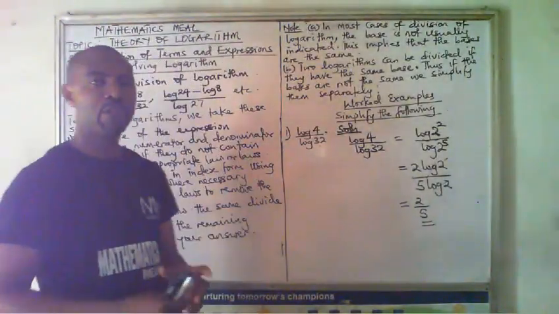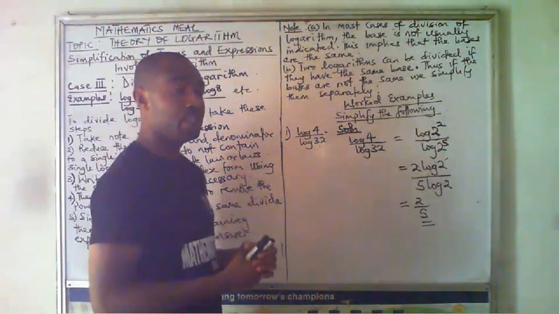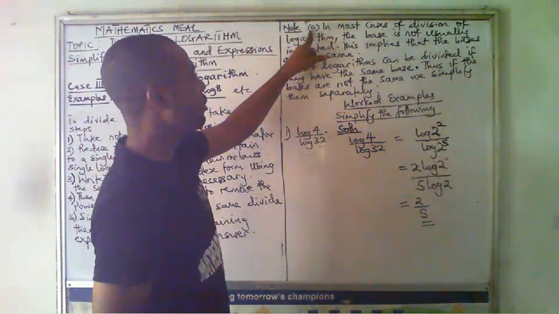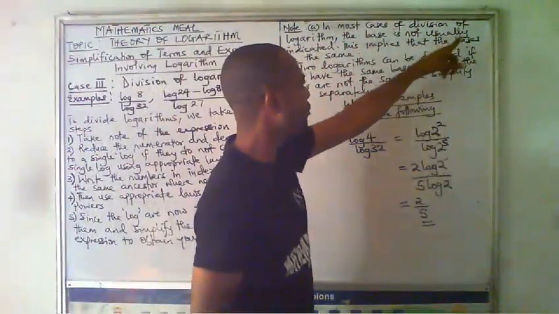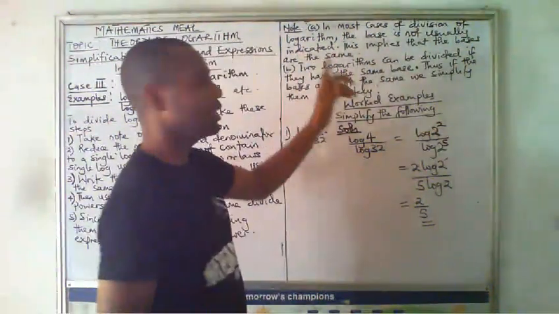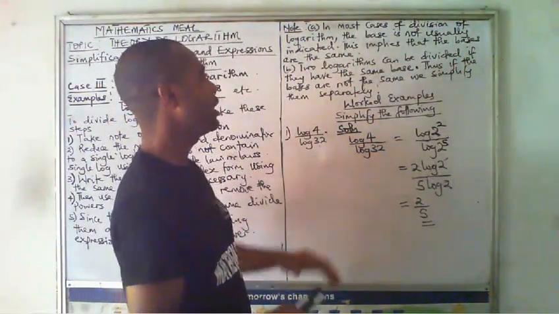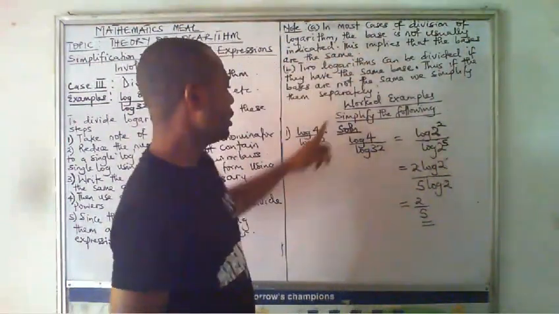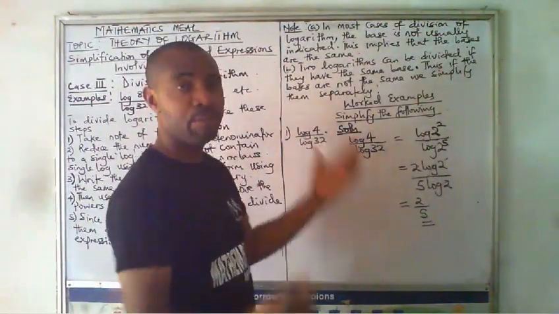I noticed that maybe you did not notice it. We did not have bases here, and that's why we have to take note of this. In most cases of division of logarithm, the base is not usually indicated. This implies that the bases are the same. Once they are not indicated, it means the bases are the same.